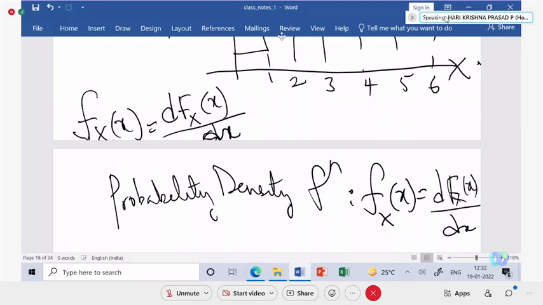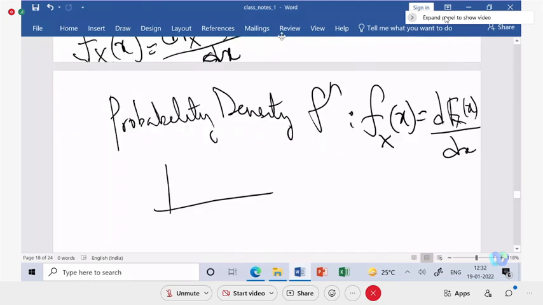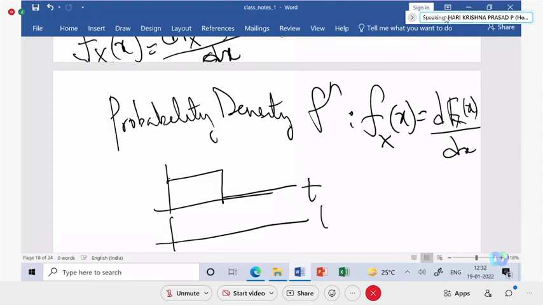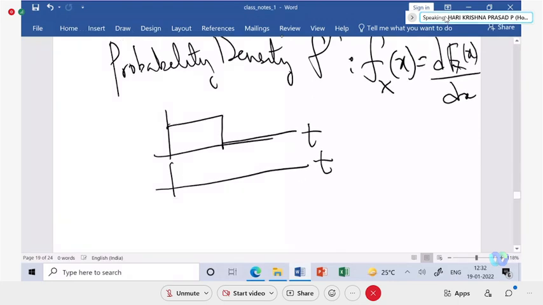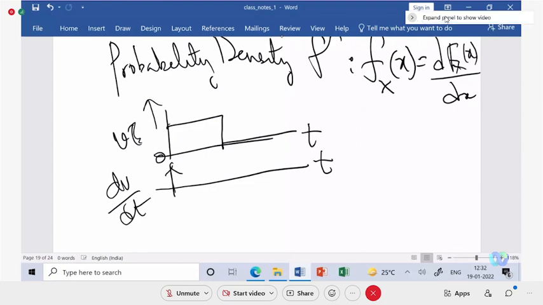See, in mathematics also, suppose you have seen the Fourier transform, right? Suppose I have a time domain signal like this, a rectangular pulse of amplitude A. When you take the derivative of this time axis amplitude, dv by dt, you will expect one impulse at this point and another impulse at this point.